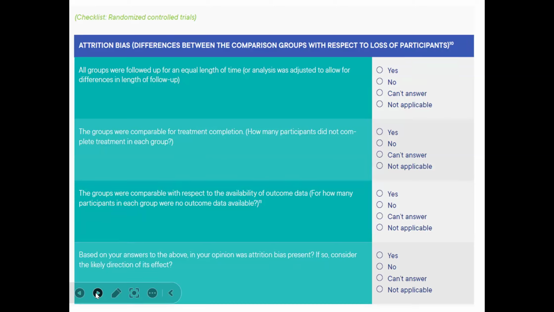The groups were comparable with respect to availability of outcome data. Many times, you don't even know what ultimately happened to the pregnancy. Here it is yes. And based on your answer, again, is there any attrition bias? Perhaps no. I think 98% of patients randomized completed the protocol.